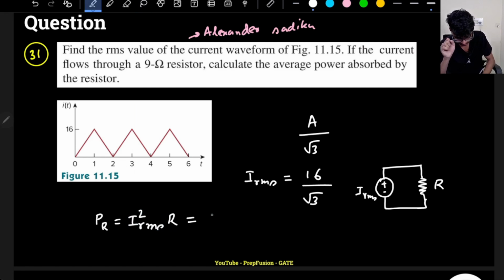What is IRMS whole square? IRMS whole square is 16 whole square by 3, into 9.